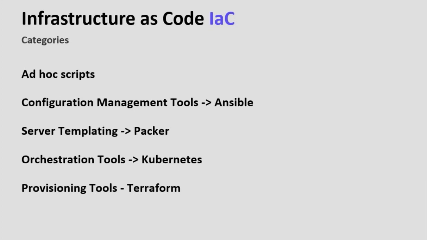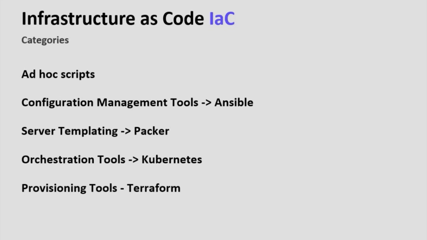Another method is configuration management tools, like Ansible. In this method we make a configuration file in which we write all our configurations, and we use Ansible to deploy the configuration on the servers. Another method, also from HashiCorp, is Packer, which is server templating.